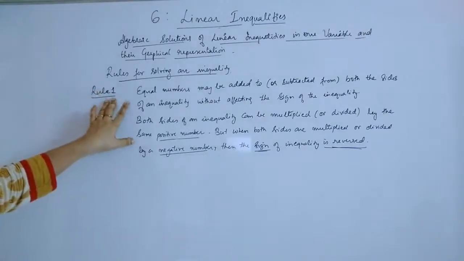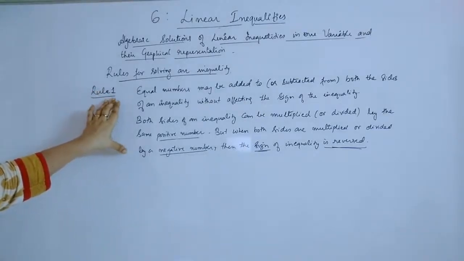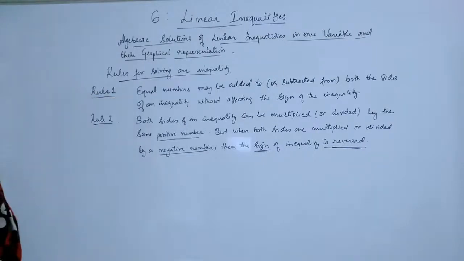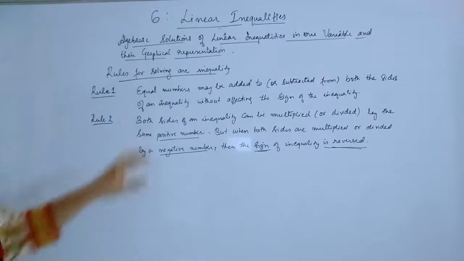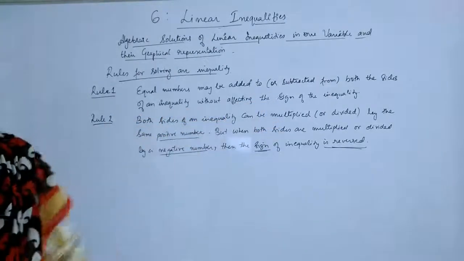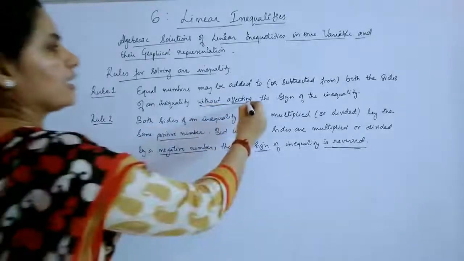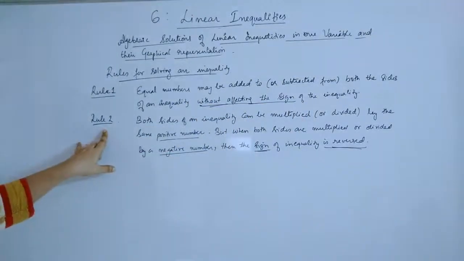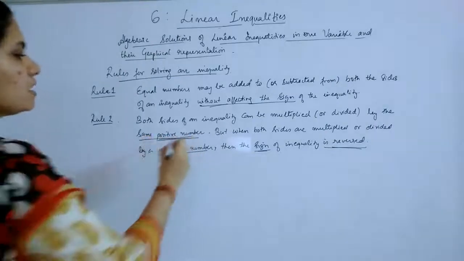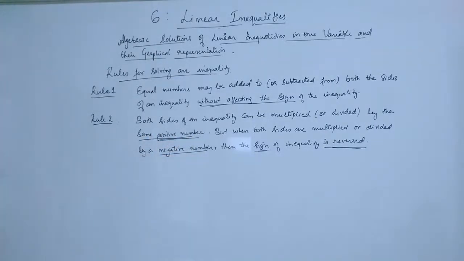Rule number 1 for solving an inequality: equal numbers may be added to or subtracted from both sides of an inequality without affecting the sign of the inequality. Rule number 2: both sides of an inequality can be multiplied or divided by the same positive number, and the inequality does not change.